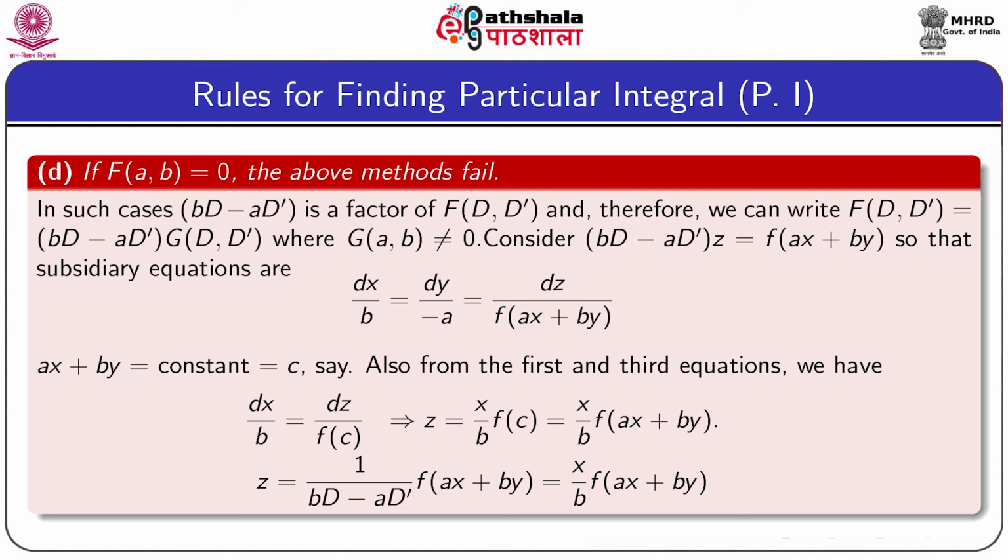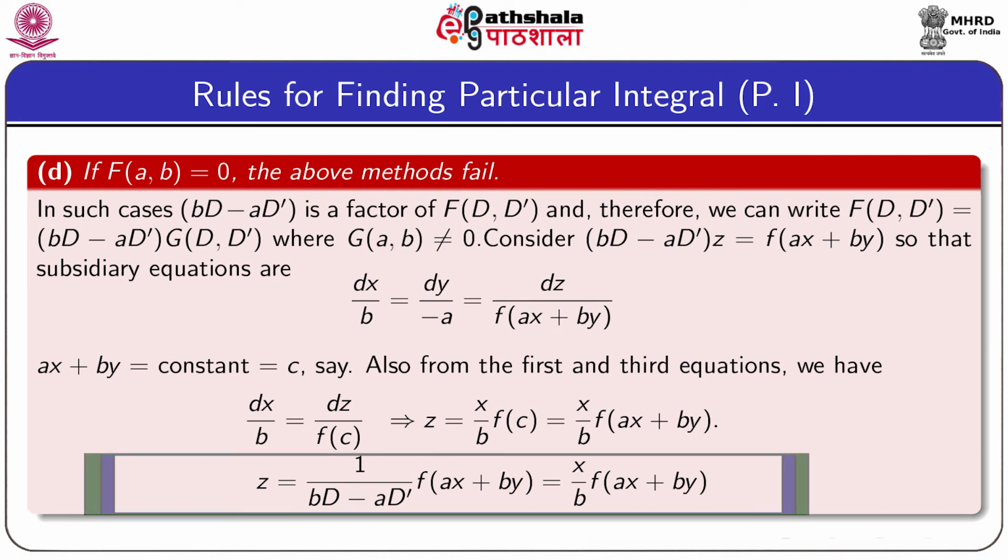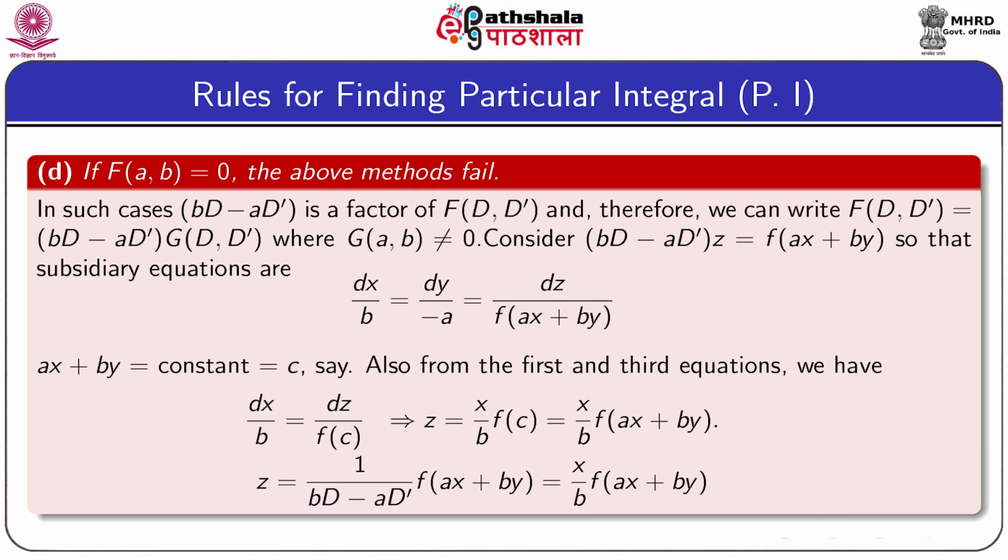Now, we replace c by the function ax plus by, and we get z equals x by b into f(ax plus by). So, the particular integral for this equation can be written as z equals 1 by (bd minus ad dash) operating on f, which is equal to x by b f(ax plus by).